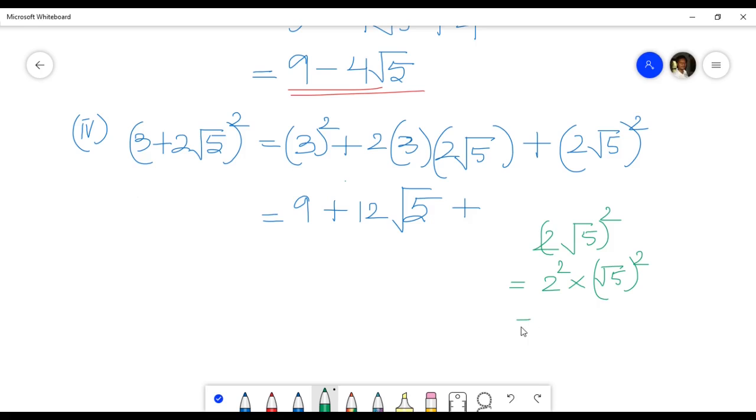Square and square root cancel. 2 square is 4 into 5. So 4 into 5 is 20, right? So we got the value for (2 root 5) whole square as 20. So that's what we will be writing, 20.